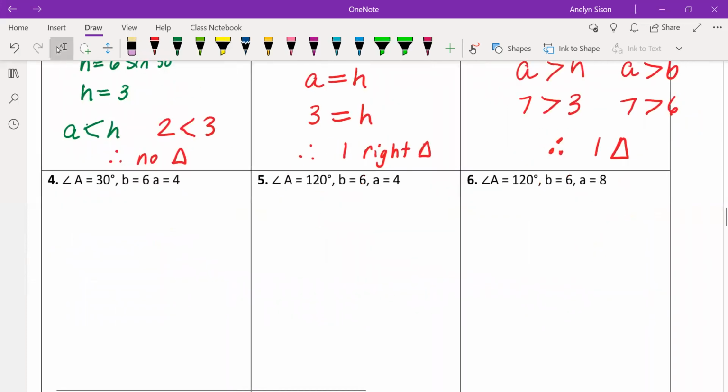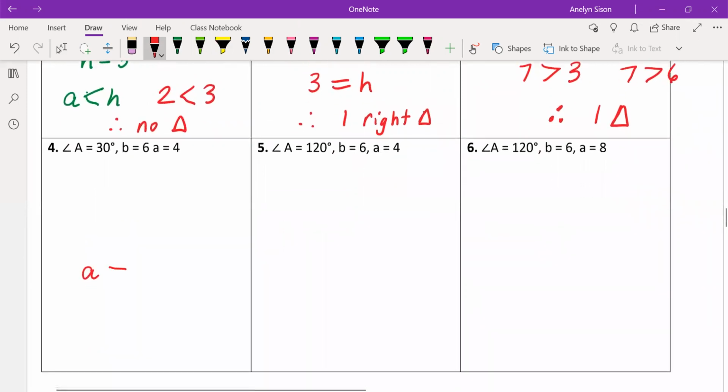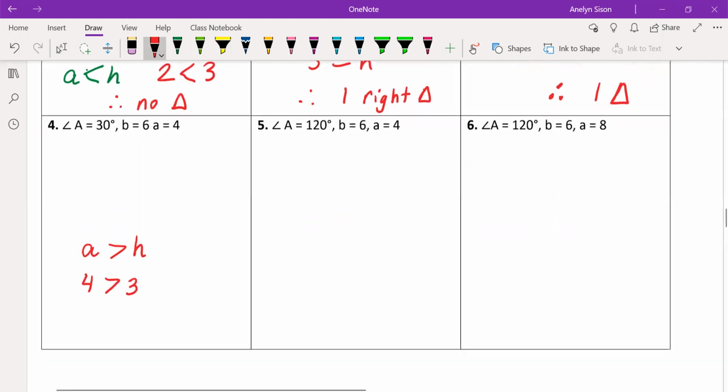What about this one here? So definitely A here is 4. A is greater than the height for sure because height is only 3. But we have to compare the A and the B. So A is 4 and the B is 6.